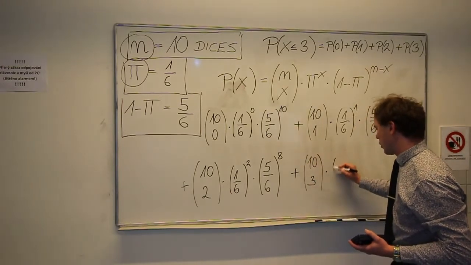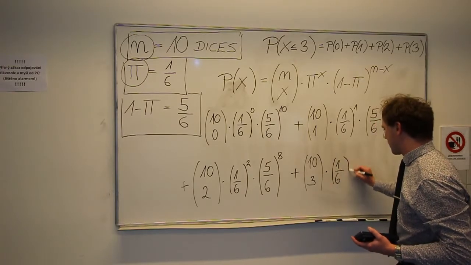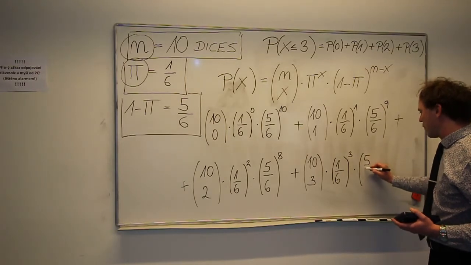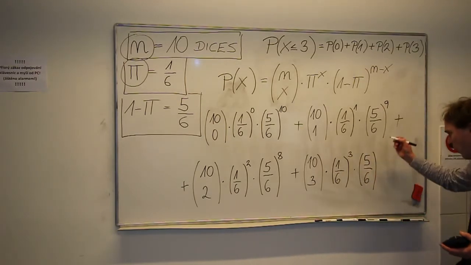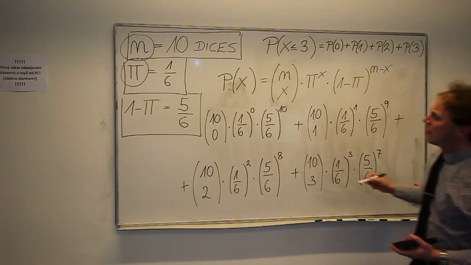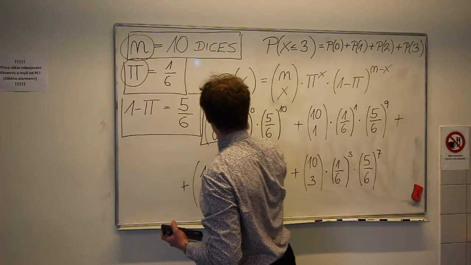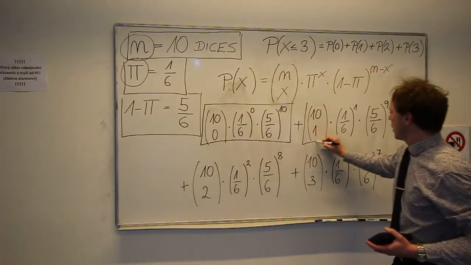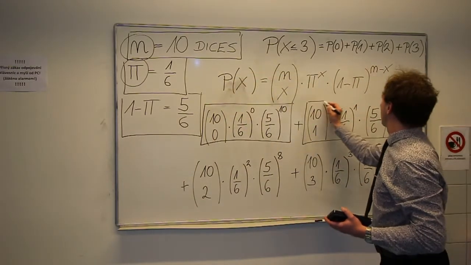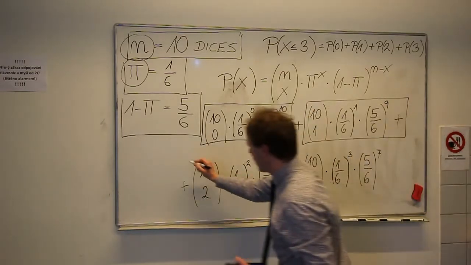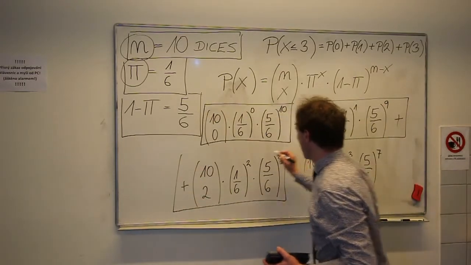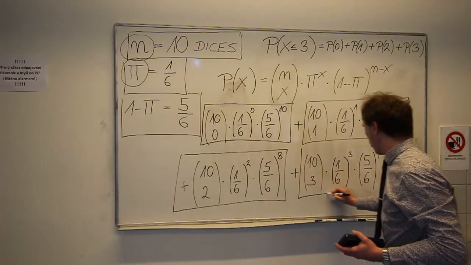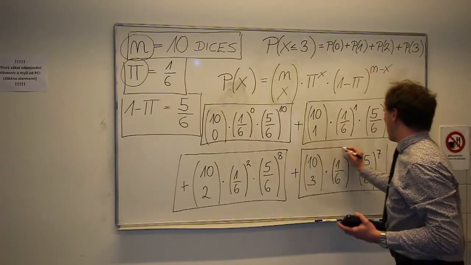Yes, multiplication 1 divided by 6 powered by 3 times 5 divided by 6 powered by 7. Yes, so there is the first value of the probability function, second value of the probability function, third value of the probability function, and fourth value of the probability function.